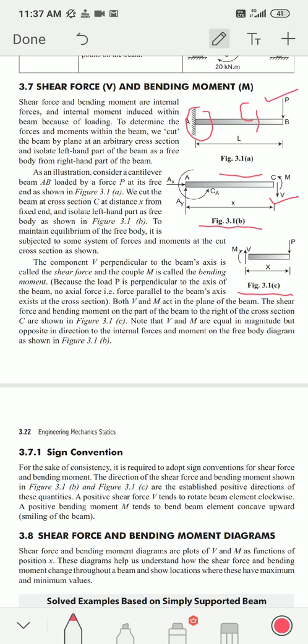In the same way, the shear force and bending moment in figure 3.1c are induced just to keep the right part of the beam in equilibrium. These are forces induced inside the beam when it is subjected to external loading, and they try to keep the beam in equilibrium. They resist deformation.